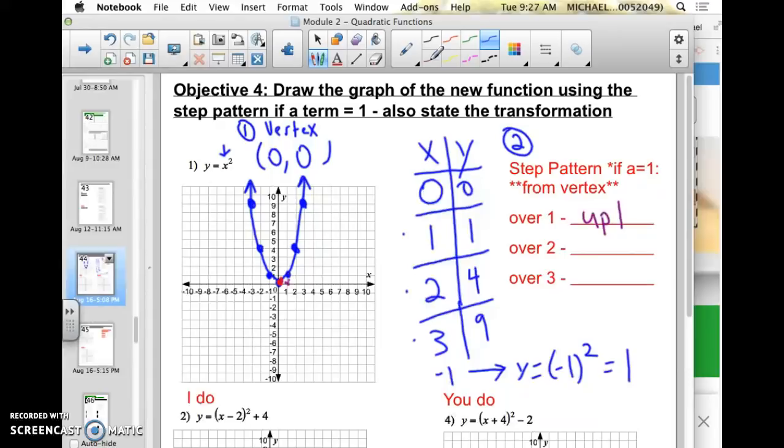Actually, I'm going to switch all of these to over 1. I want to do it a little bit different way. So please make that correction on your paper. So we go over 1, up 1. And now we are here.